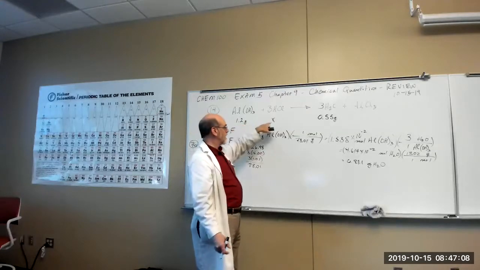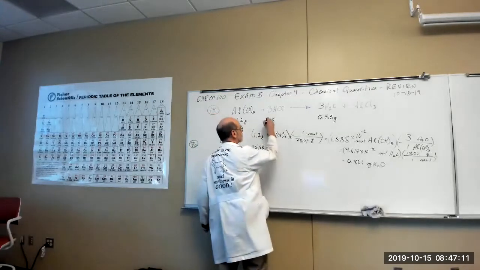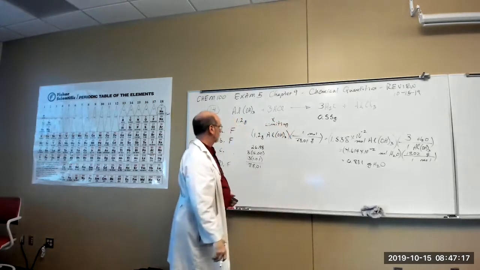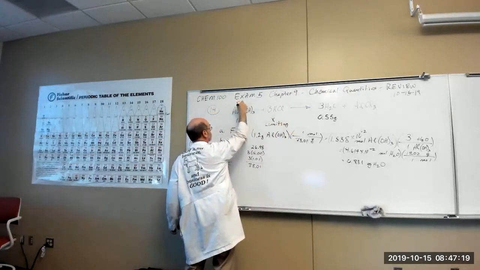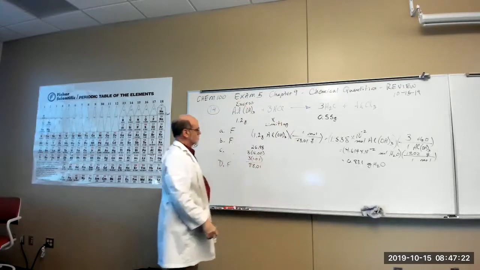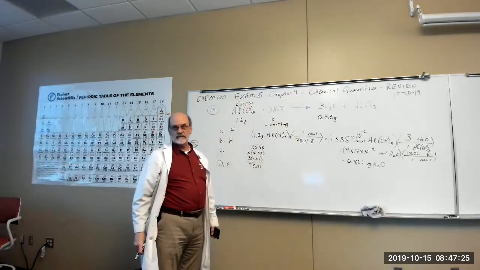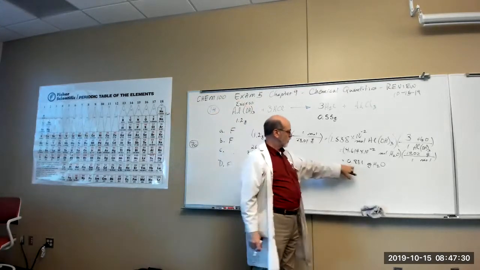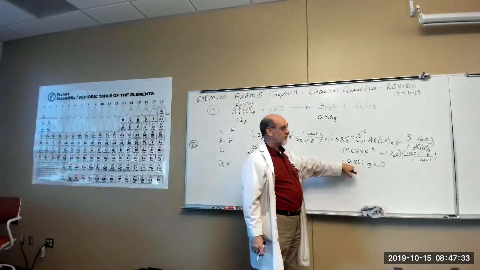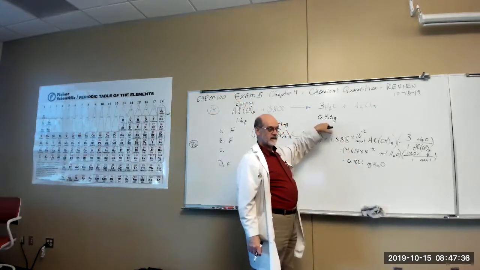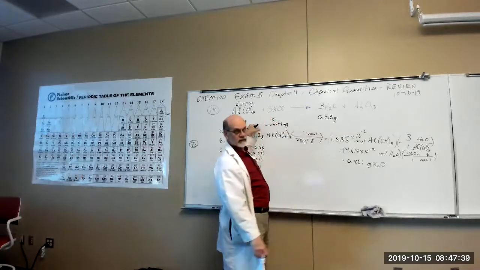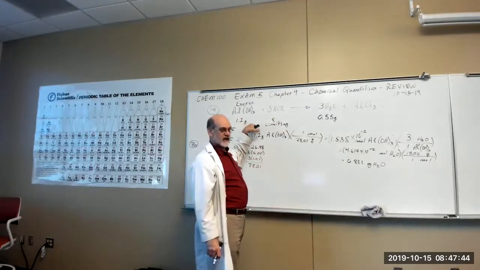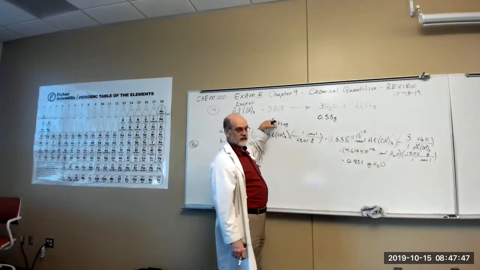That must be the limiting one, and this one's excess. Everybody see that? If we used all of this up, it would make 0.8 grams. But the problem says we only get that much out of it. So it can't be all used up. Only part of it can be used up. That means it's excess. And that one is the limiting one.